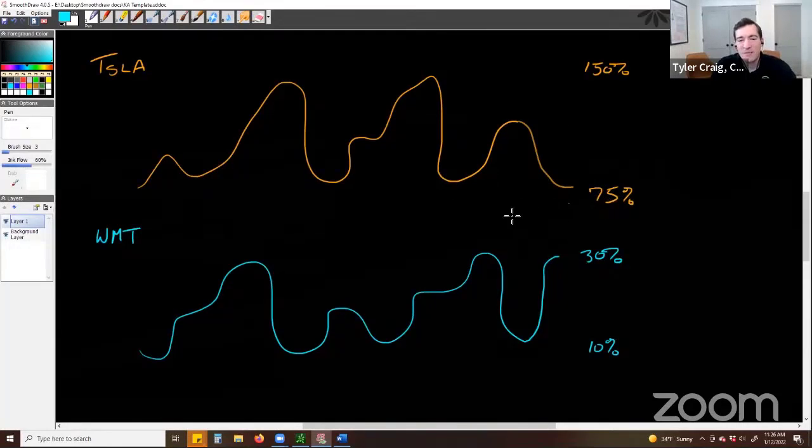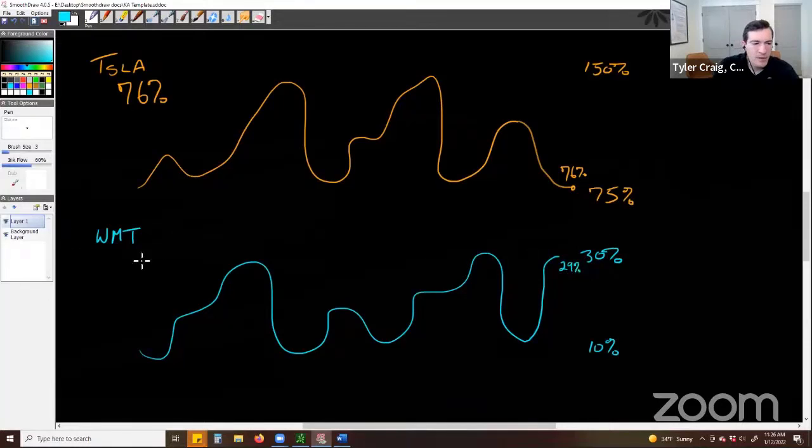So the problem is, if you just at face value say, oh, right now Tesla has a volatility of 76%, and you look at that as a column in a watch list, say, oh, Tesla's IV is 76%. And Walmart's IV is 29%.